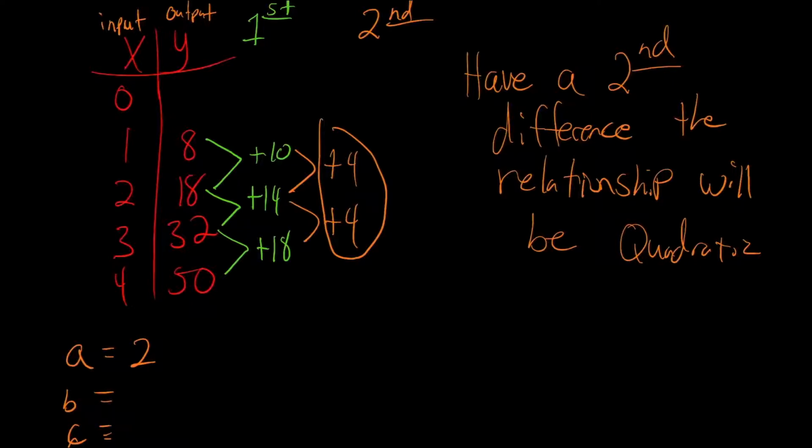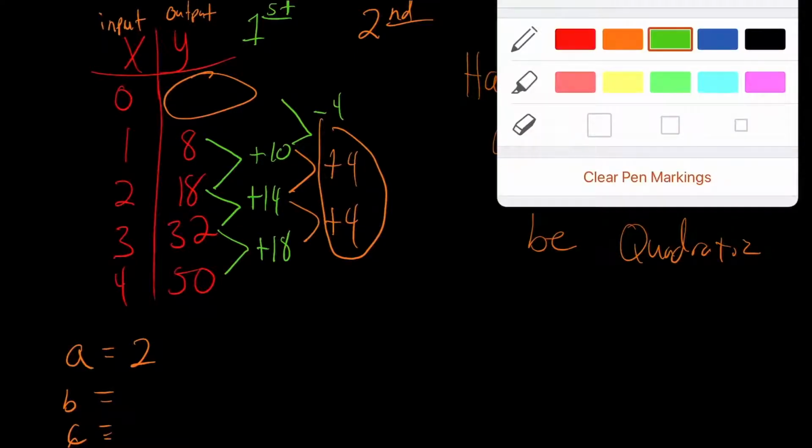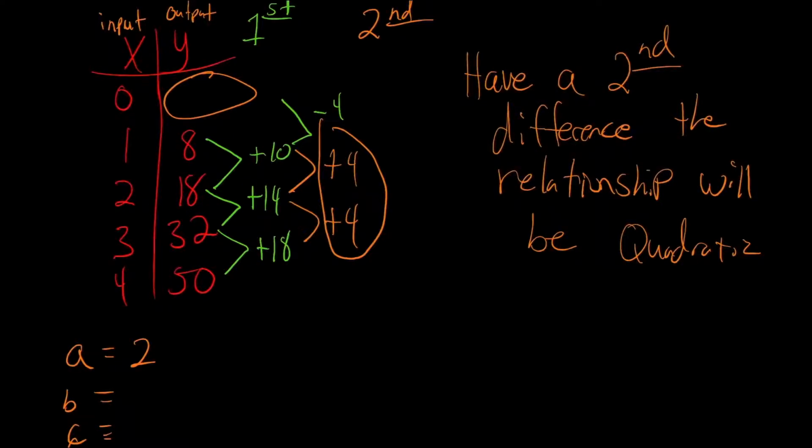So I need to find this missing spot right here. Well, we can go in reverse of what we just did. So to get from here to here, I can subtract 4. So if I'm adding 10 each time, I subtract 4, I should be adding 6 to get from my missing spot to 8. So I just subtract 8 minus 6. That should be 2.